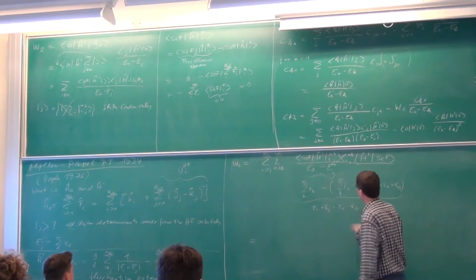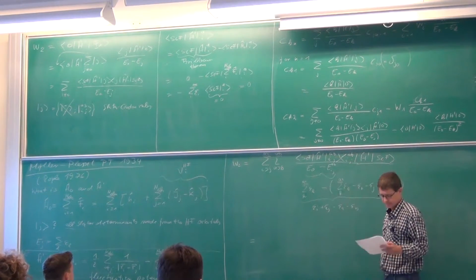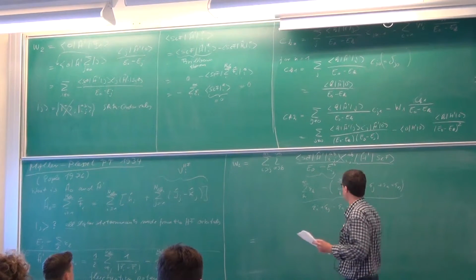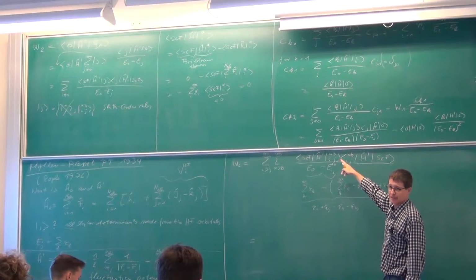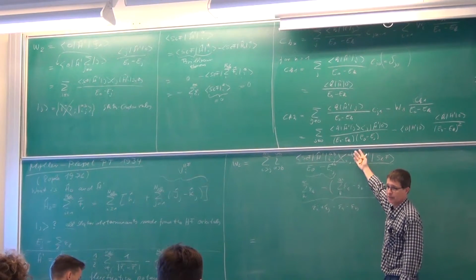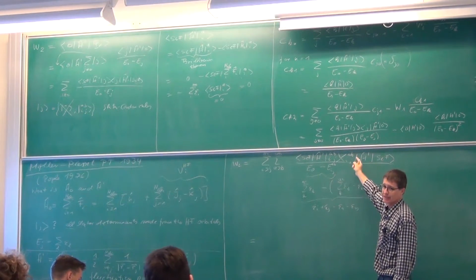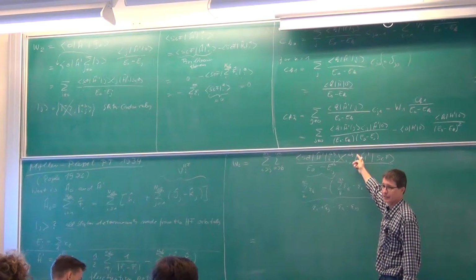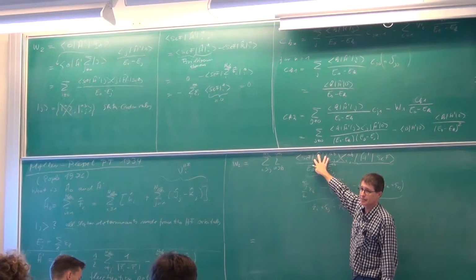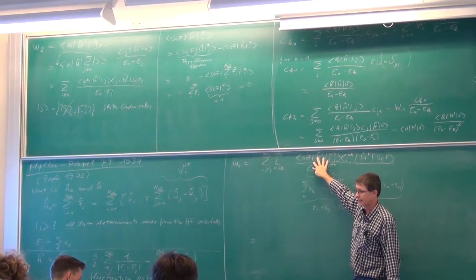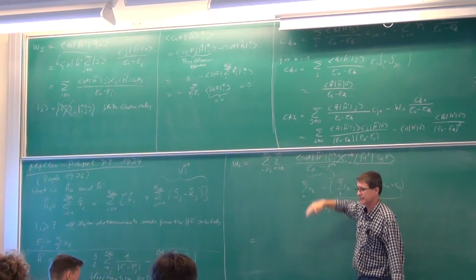Now, what do I get up there? Well, first of all, this is the same matrix element twice. Slater determinants, we have real orbitals, so these are real determinants. So this is just a complex conjugate of this, but since all functions are real, the complex conjugate is just the same number.